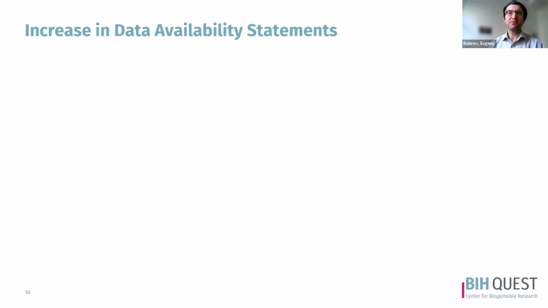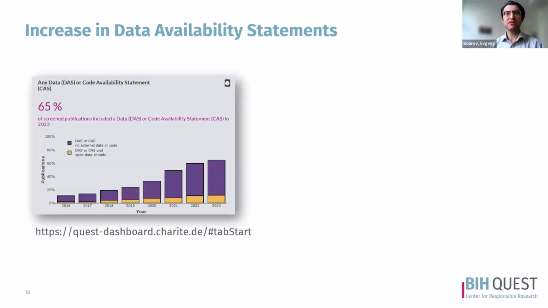So something that is very visible in the last years is a very steep increase in the presence of data availability statements. And I think most of you will be aware that these are brief sections in journals which specifically state whether and which data have been shared.